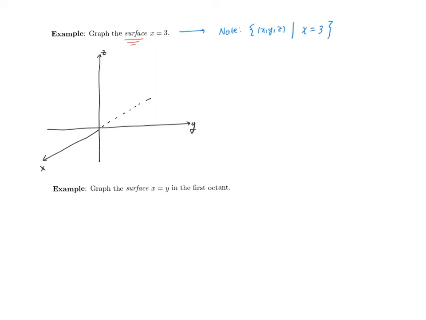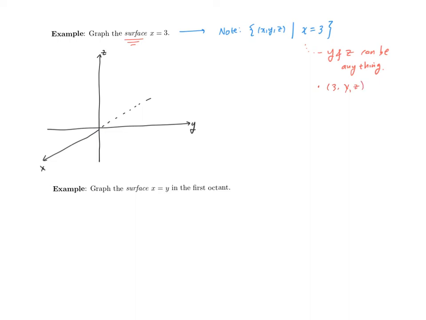And if this is the only restriction placed on the surface, what does that tell you about y and z? What it tells us is that y and z can be anything. So we are looking for all points of the form 3 comma something, something.